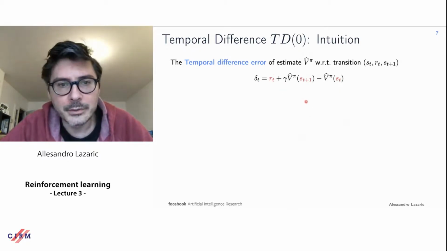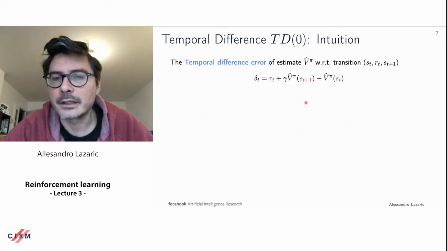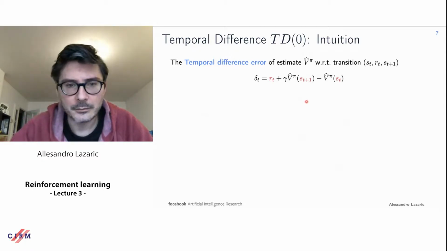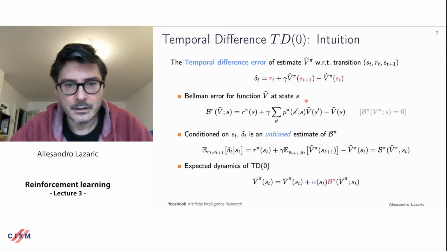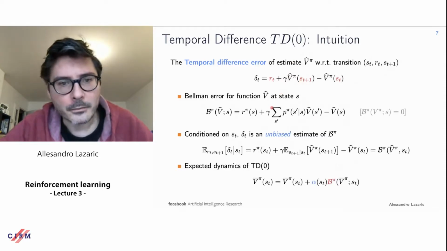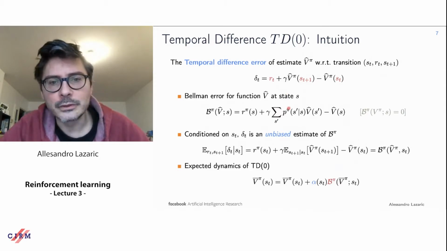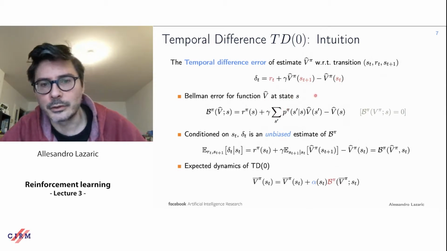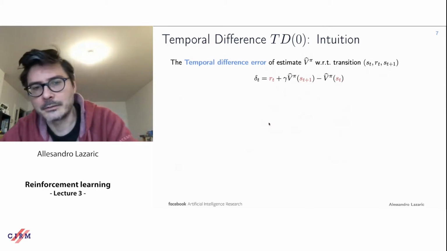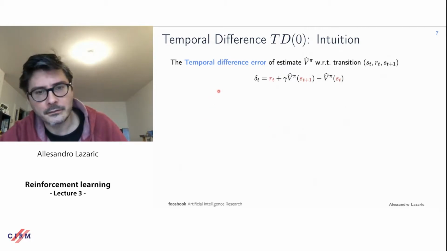And if we dig a little bit into this, you should start recognizing some ingredients. So let's try to look a little bit at this formulation here. Let me write it here. It's a little bit easier.